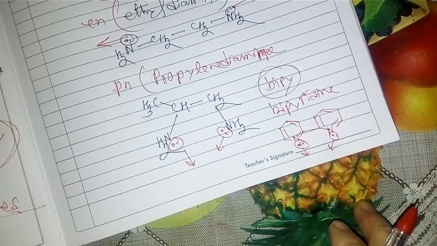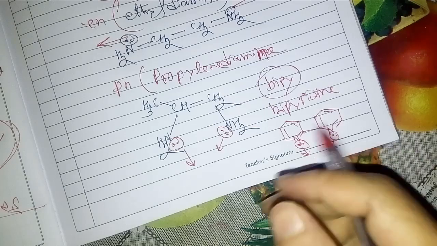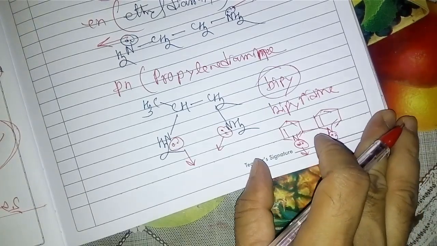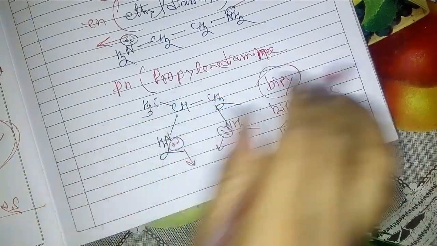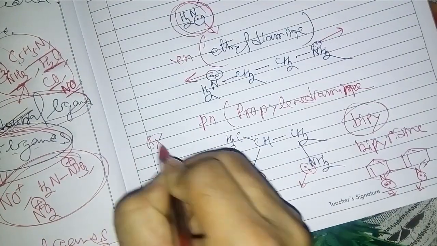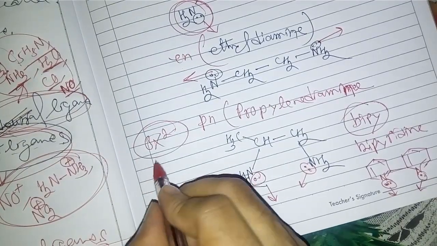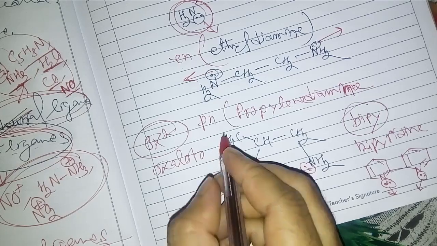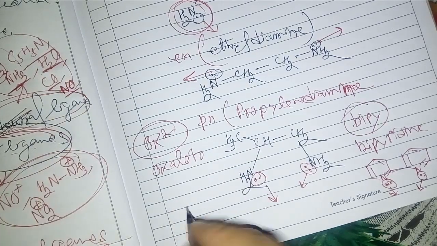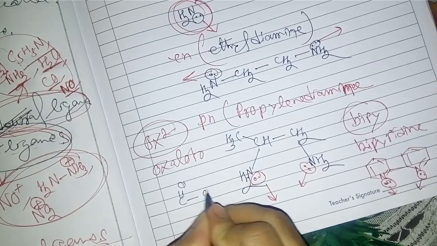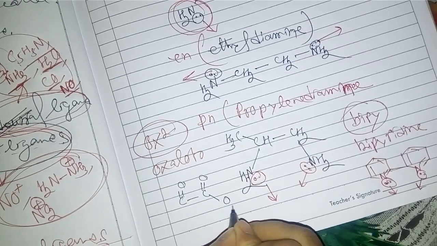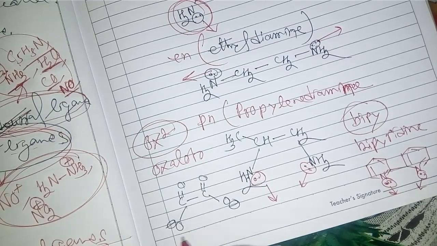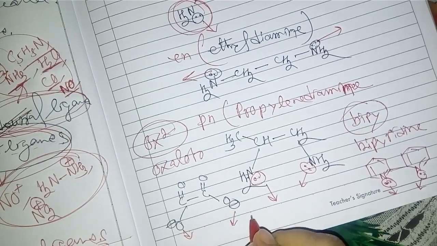Understood? Another one is two acidic donors. Two acidic donors is oxalate, ox 2 minus. The structure is C double bond O, bond C double bond O, with minus charges.